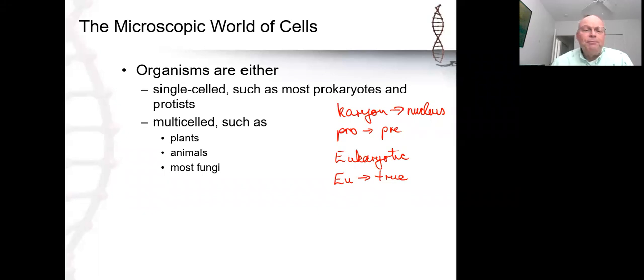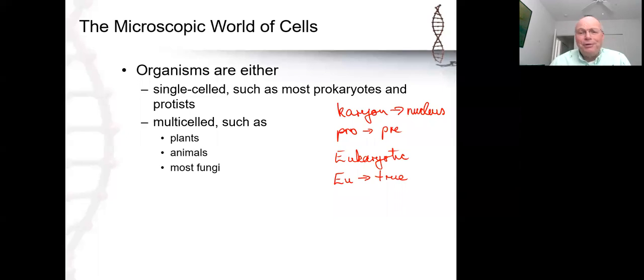That being said, that doesn't mean that some prokaryotic cells don't get really big. The largest bacterial cell is almost 0.5 millimeter in length, which is right on the very limit of what you can see with your naked eye without assistance from a lens like a magnifying glass.